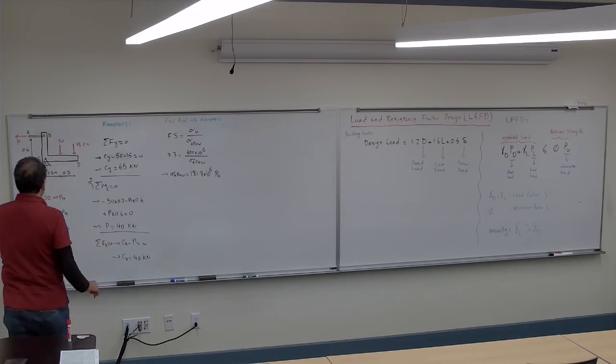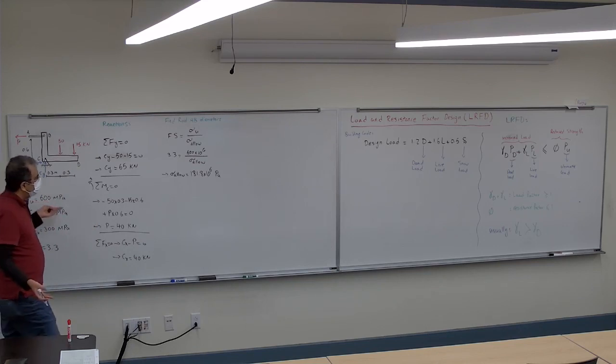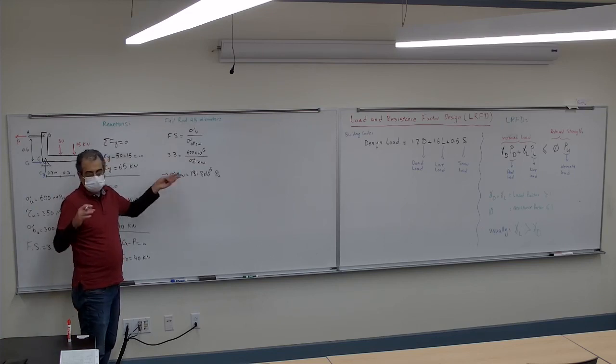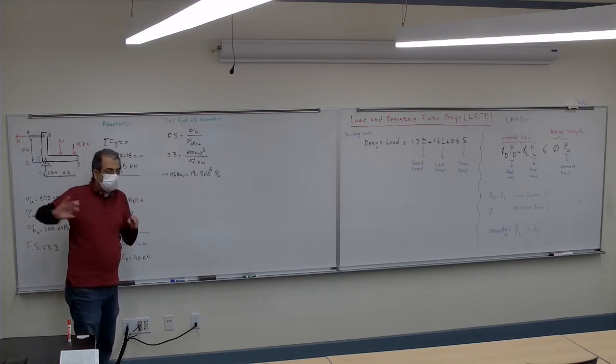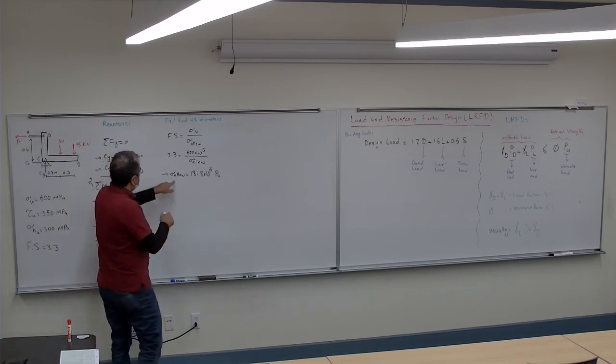The 600 is the maximum that our material can handle, but we want to use about 1/3 of that, so we move well away from how much it can handle.